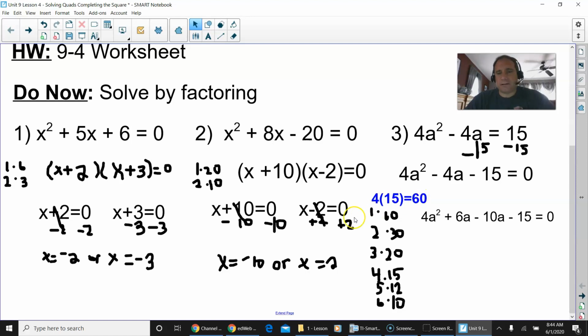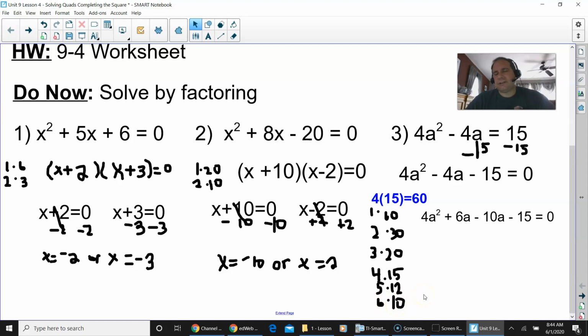All right, so that's going to be a little bit difficult, right? I start with 1 times 60. Can't make 4 out of it. 2 times 30, multiply to 60, but no, can't make 4. 3 times 20, 4 times 15, still can't. 5 times 12, still can't. 6 and 10.